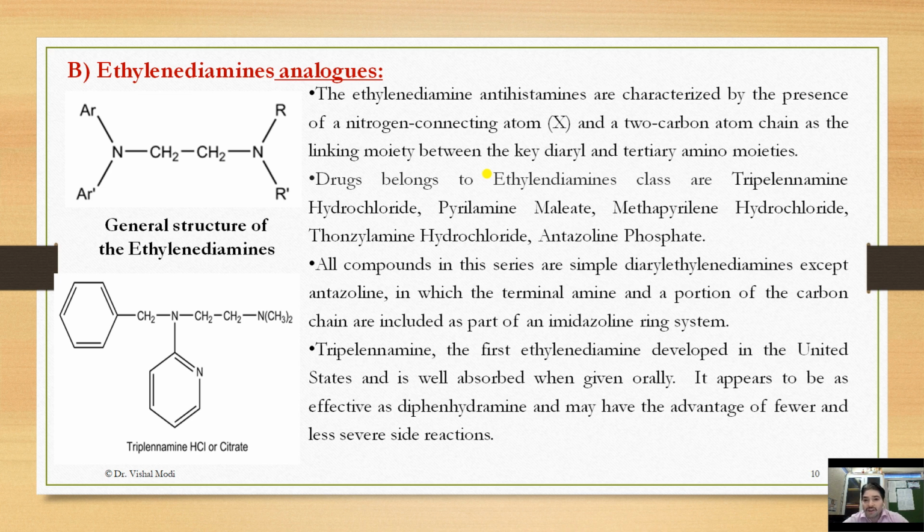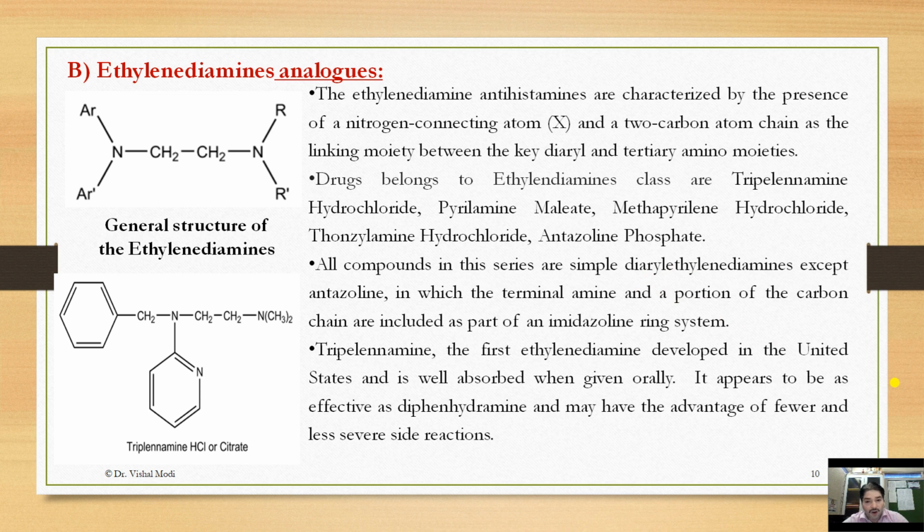Drugs belonging to the ethylenediamine class are tripelennamine hydrochloride, pyrilamine malate, methapyrilene hydrochloride, thonzylamine hydrochloride, and antazoline phosphate. All compounds in this series are simple diaryl ethylenediamines except antazoline, in which the terminal amine and a portion of the carbon chain are included as part of an imidazoline ring system.